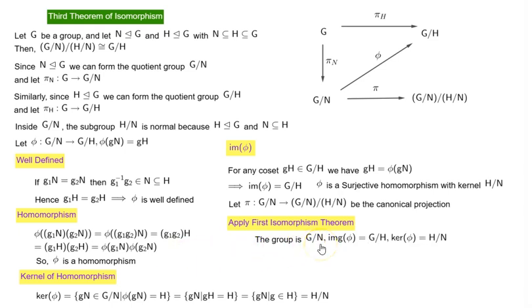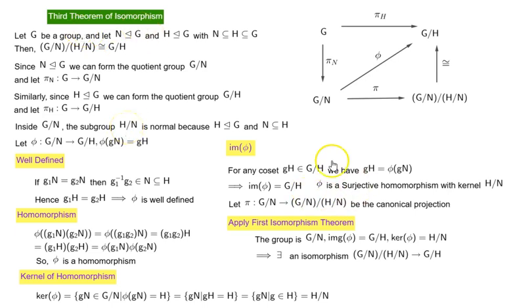The group is G/N, the image of phi is equal to G/H, and the kernel of phi is equal to H/N. Which implies there exists an isomorphism from (G/N)/(H/N) to G/H. This one. So, we have proved the third isomorphism theorem.